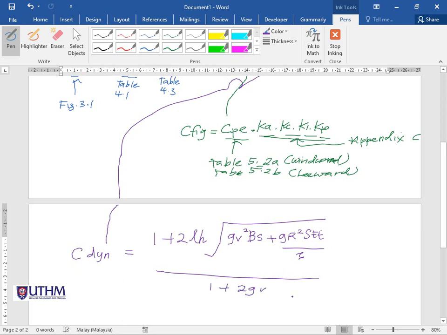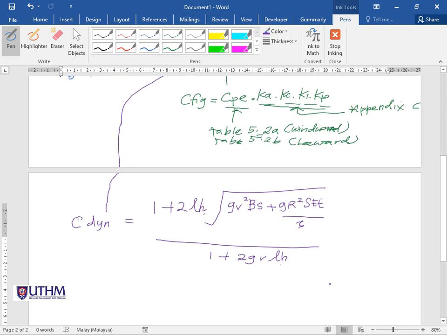This gv is the peak factor, equal to 3.7 if not mistaken, we will check again. So multiplied with the Ih. This Ih is the turbulence intensity at z equal to h. The Ih here is referred to table 6.1.